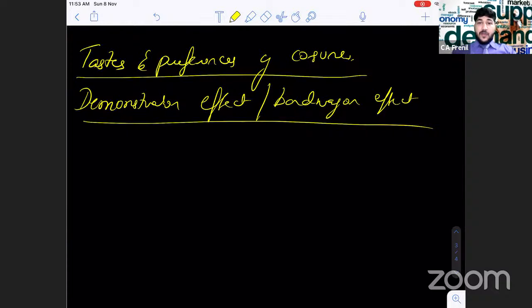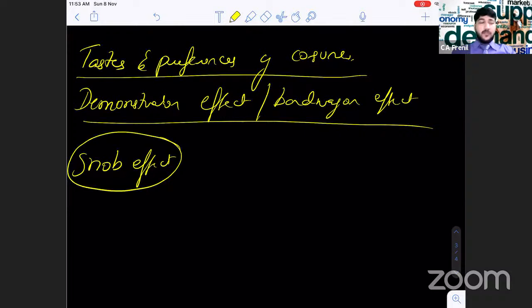Secondly, when a product becomes common among all, some people decrease or altogether stop its consumption. That is called the snob effect. What is snob effect? For example, earlier, having a Royal Enfield bike, everybody knows Royal Enfield bike, correct? Earlier it was a thing of prestige, but today everybody has a Royal Enfield.